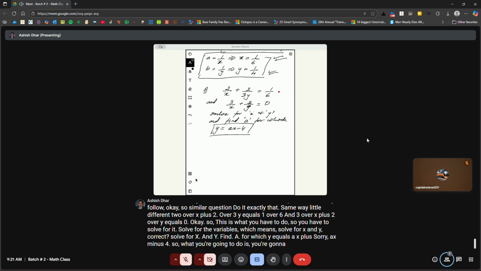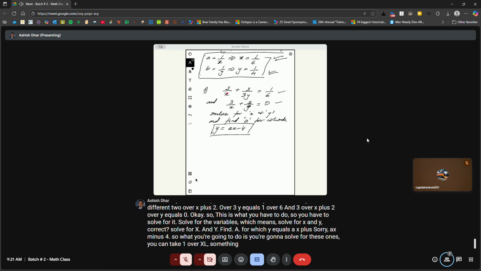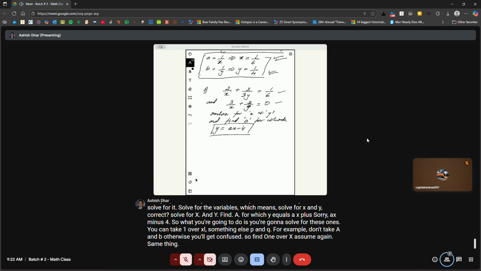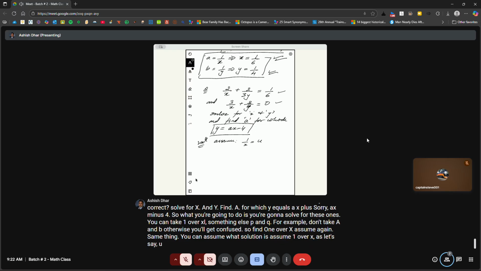So what you're going to do is solve for these ones. You can take 1 over x as something else, p and q, for example. Don't take a and b, otherwise you'll get confused. Assume 1 over x as, let's say, u, and 1 over y as v.